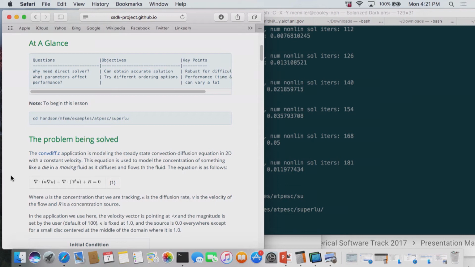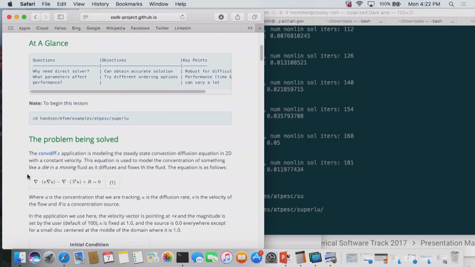It's a C++ application, not C. And it's solving this differential equation, which involves a combination of diffusion and advection. This is the advection term that has to do with velocity, and this is the diffusion term, I think. And this R represents, if you will, some dye, think of it as like some ink or some dye that's being put into the flow here.